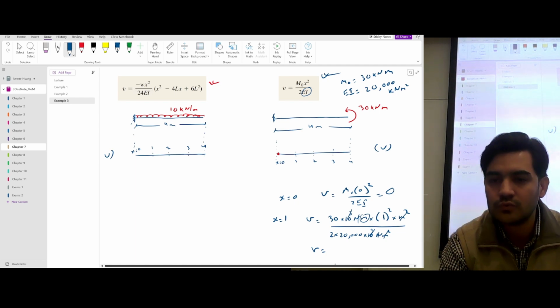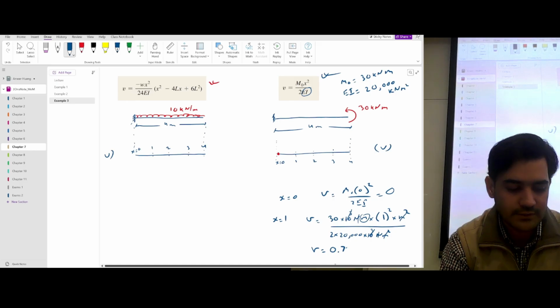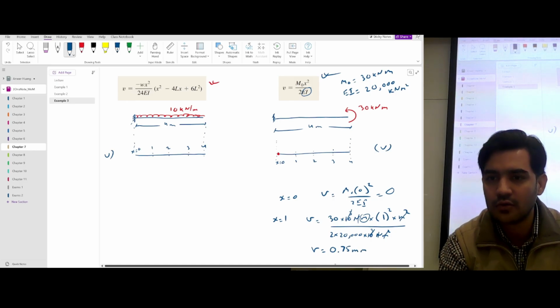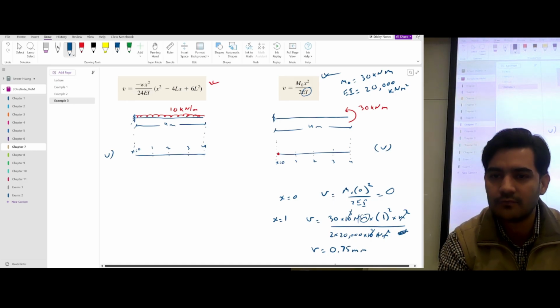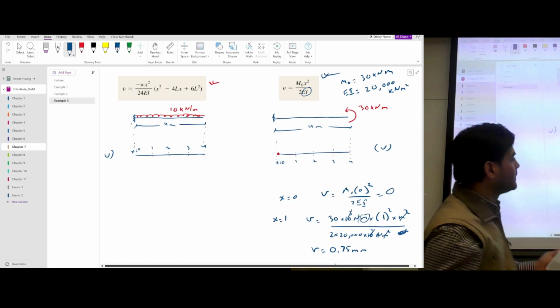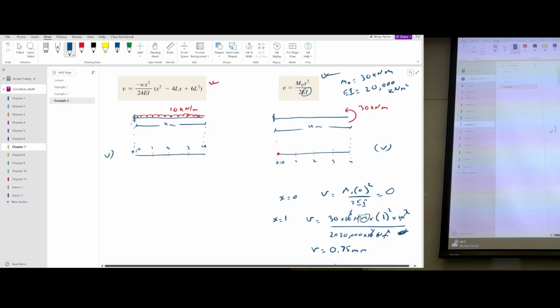It would be equal to 0.75 millimeter. I multiplied by 1000 because the value I get is in meter, so I got 0.75 millimeter.